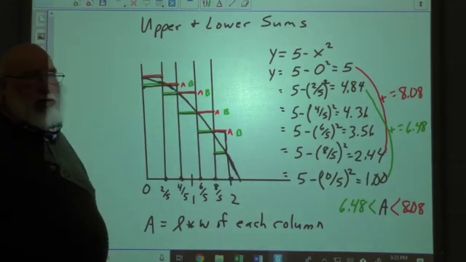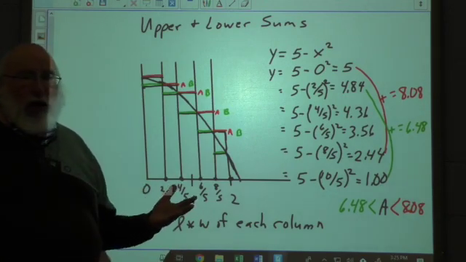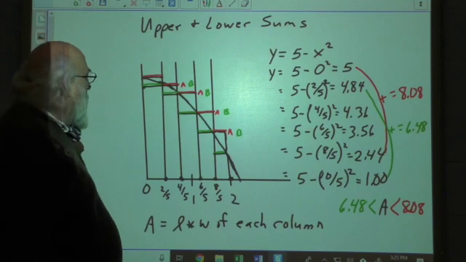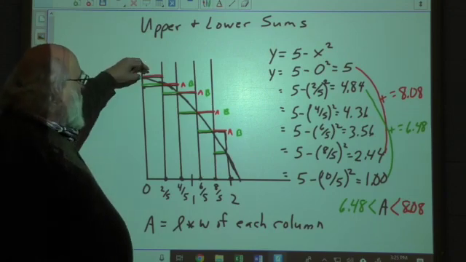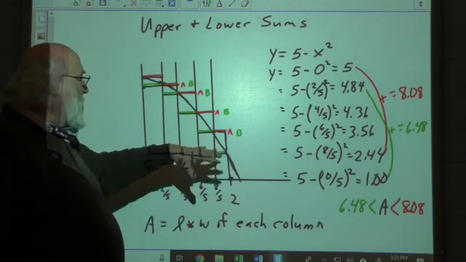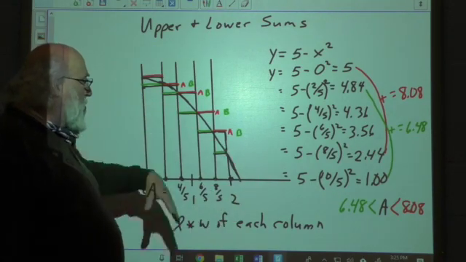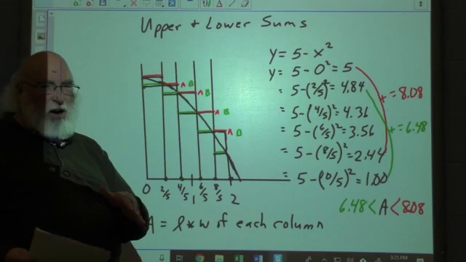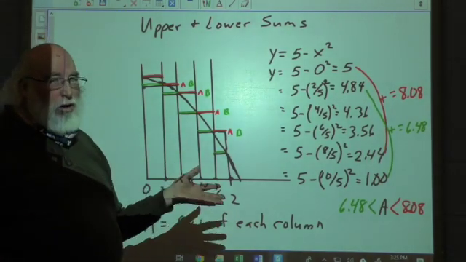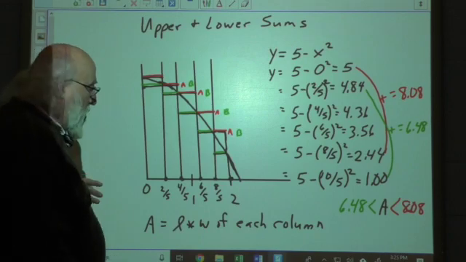So what we tended to do in the old days, we would find an area of columns or rectangles that we've drawn underneath and above the curve, and then take an average of the two, and we'd be fairly close, not wonderfully close, but fairly close.